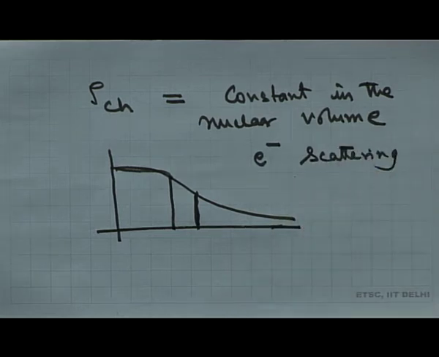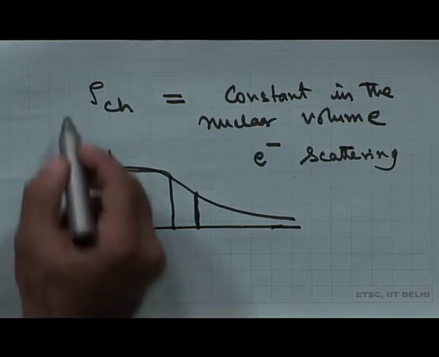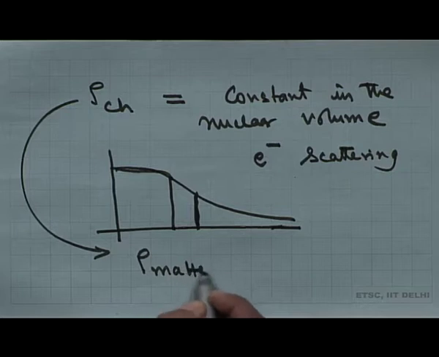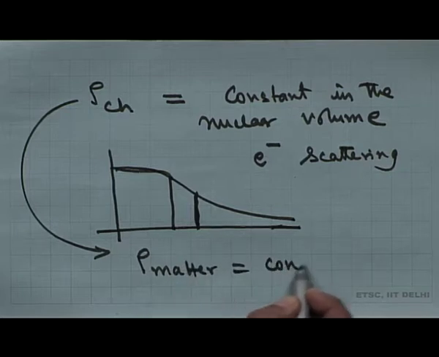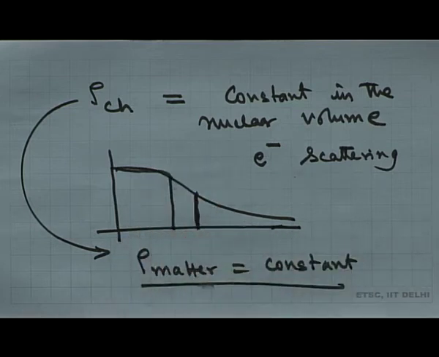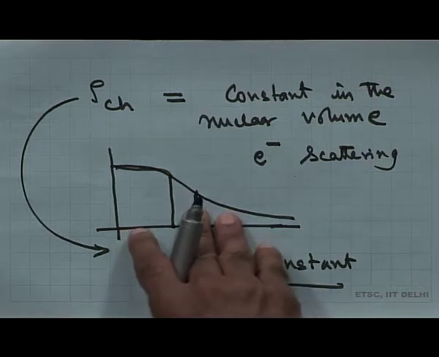If you also take the neutron distribution to be a constant, this will imply rho matter is a constant. In making this statement, I am ignoring this tapering off. We had a fairly long discussion on that. So we assume that rho matter is a constant.